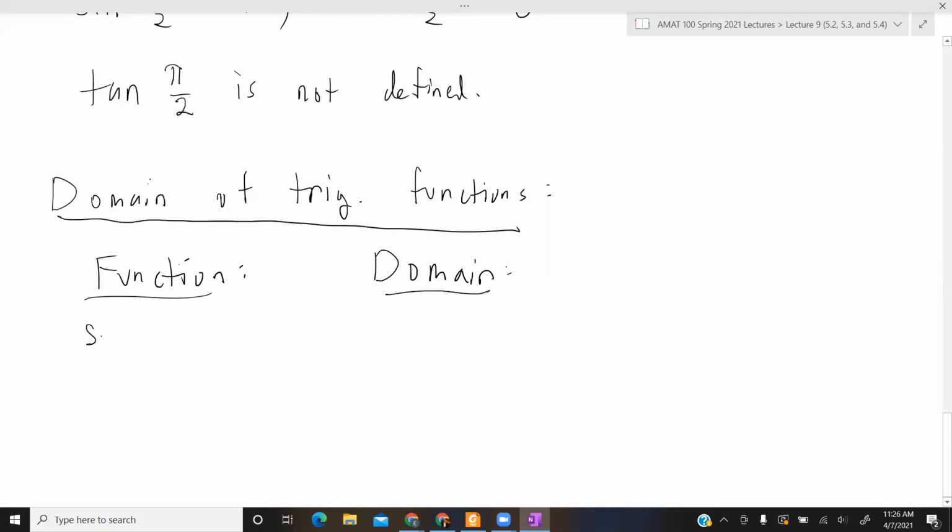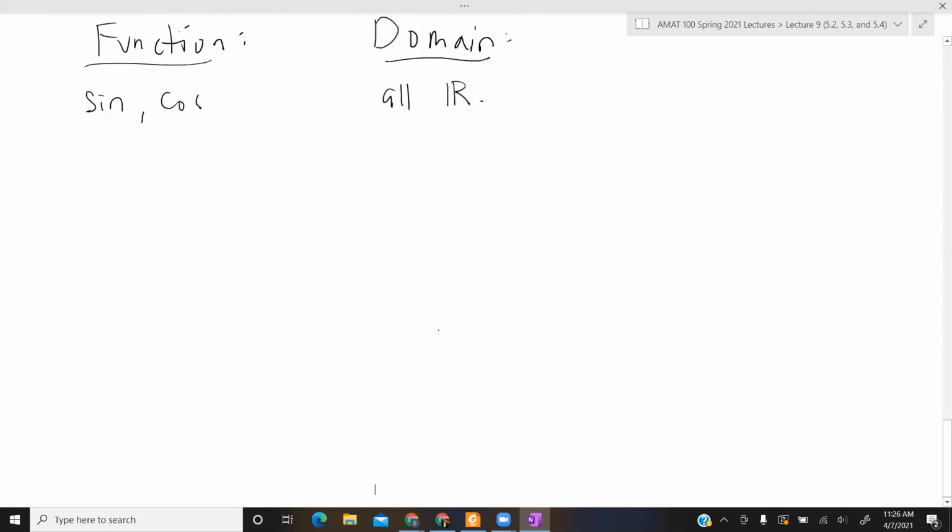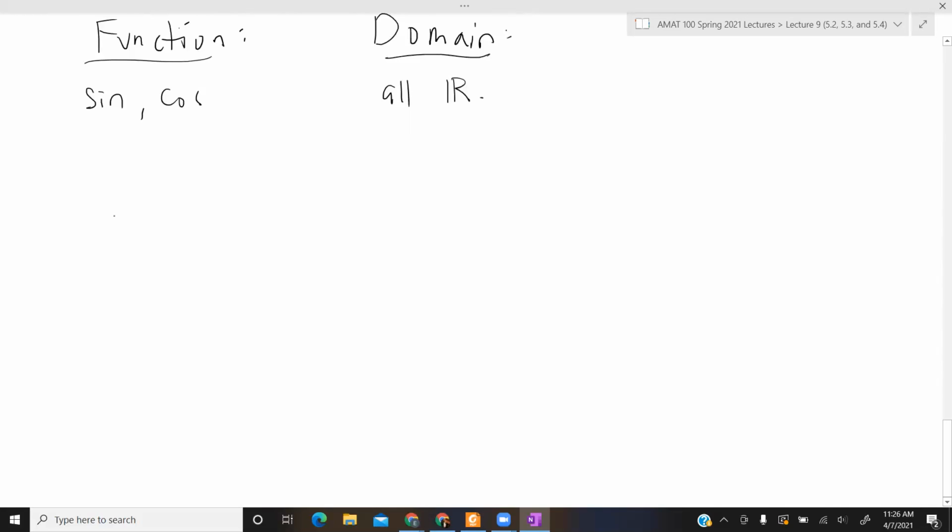So we have sine and cosine, and sine and cosine have domain of all of R. You can plug in any real number. There's no restriction because there's no division by 0. There's no square roots involved or anything. It's just taking the x or the y coordinate.